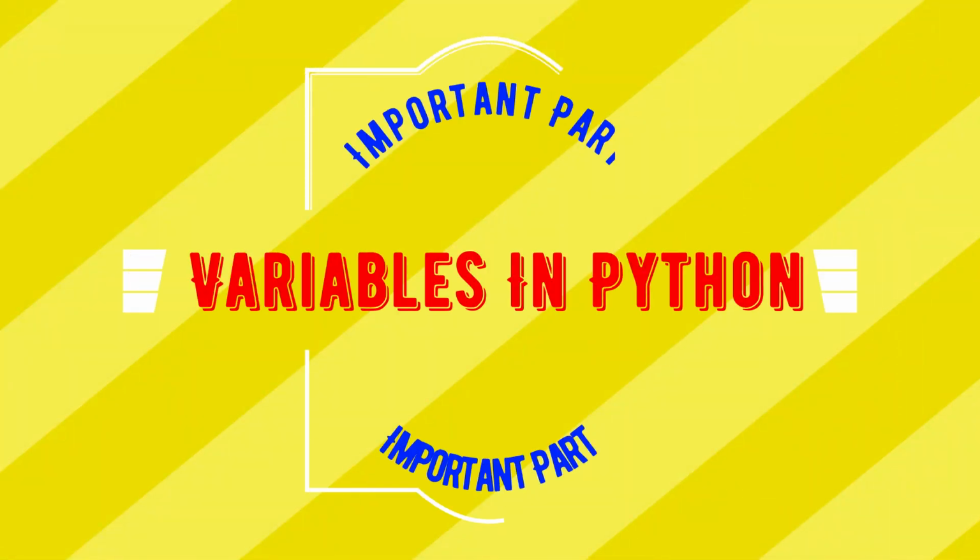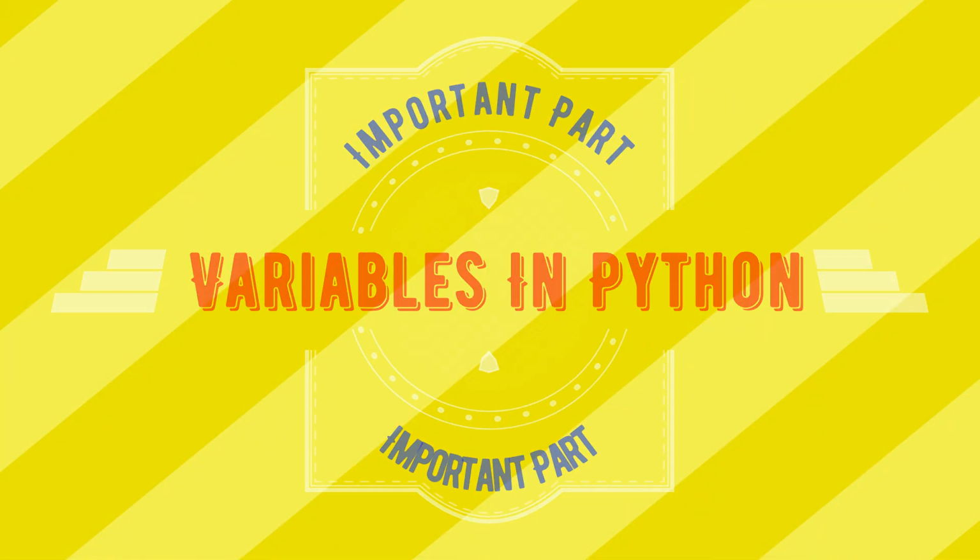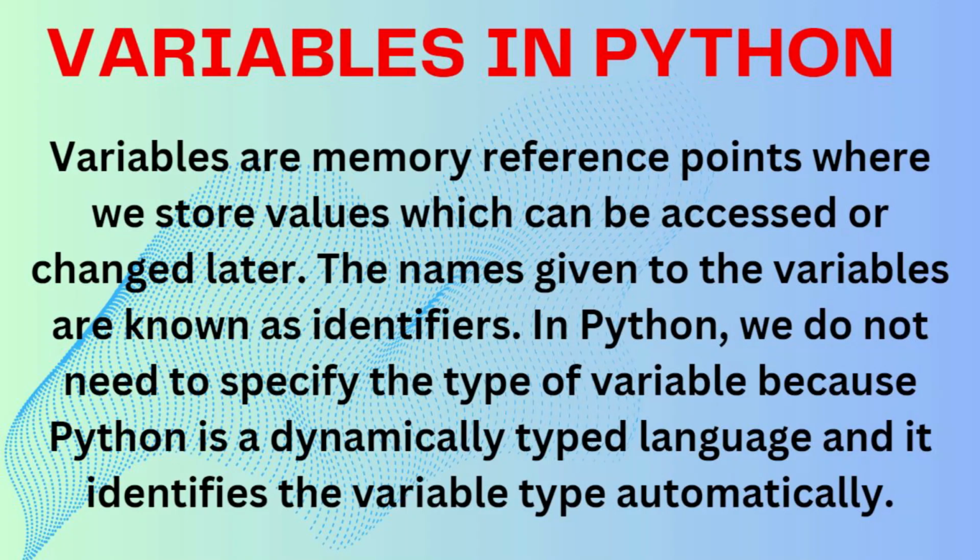Now the most important thing, variables in Python. What are variables? Variables are memory references, points where we store values which can be accessed or changed later.